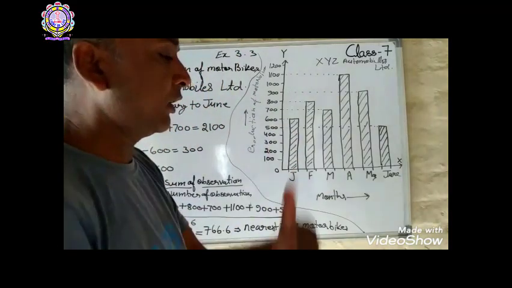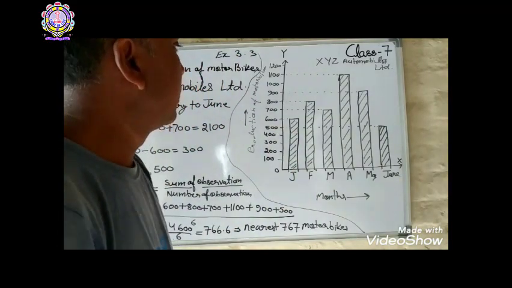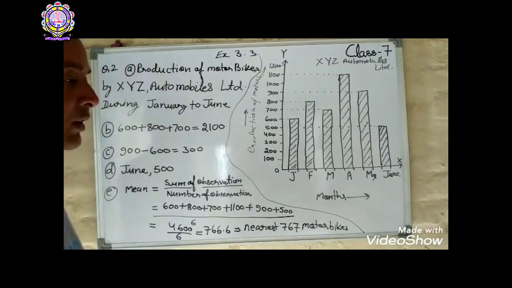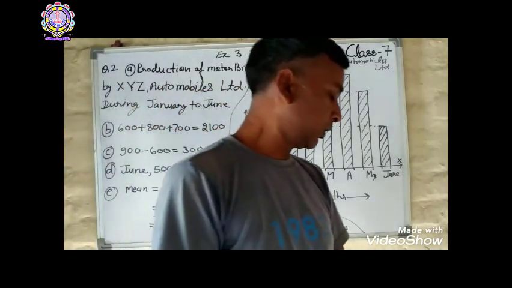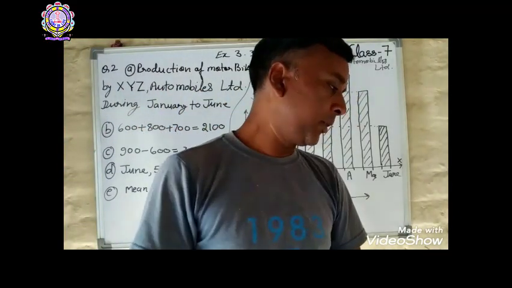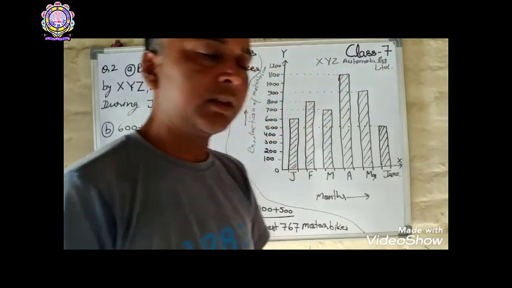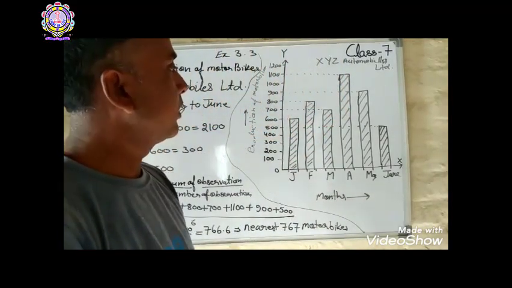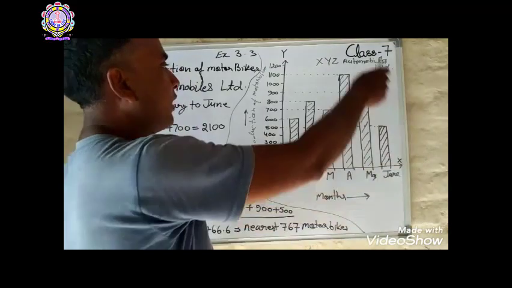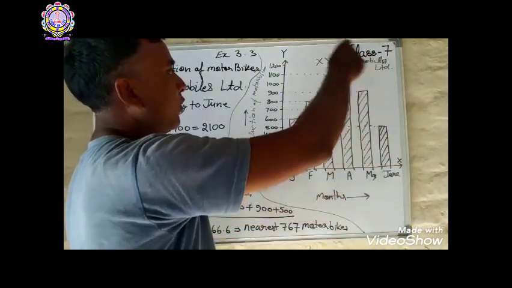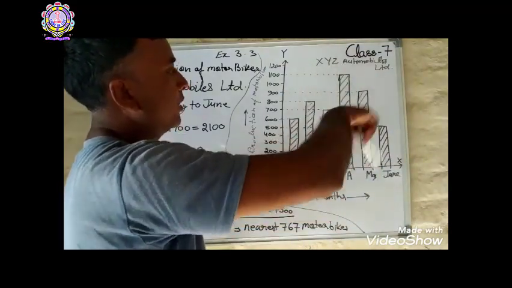This is also given in your book. So the first question is, what information does the bar graph depict? Observe this bar graph and see what information you get from it.